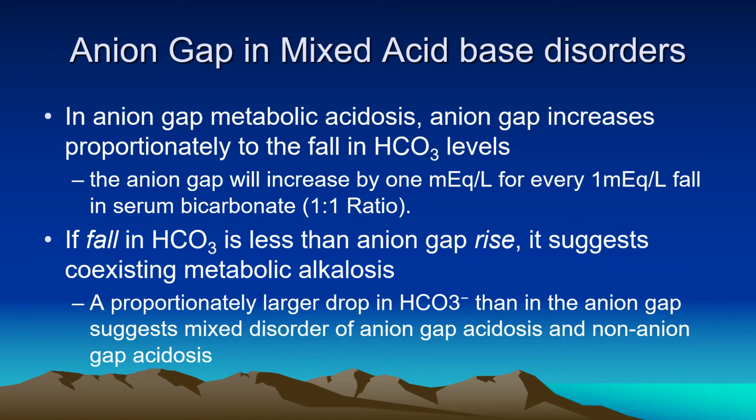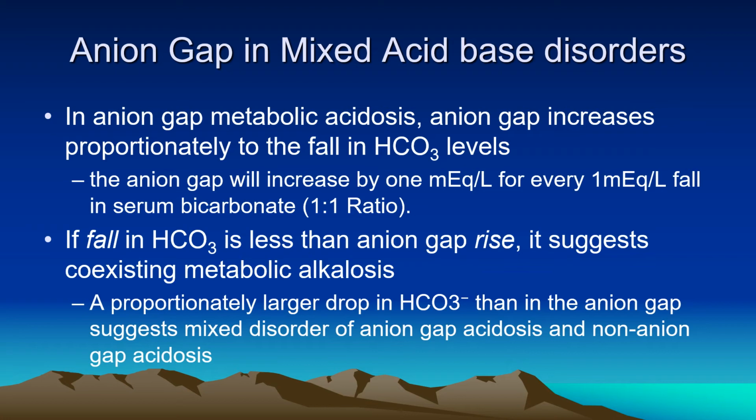Now, in the differentiation of mixed acid-base imbalances, anion gap metabolic acidosis shows that anion gap increases proportionately to the fall in bicarbonate level in a ratio of 1 to 1. That is, if there is 1 milliequivalent fall in bicarbonate, there will be 1 milliequivalent rise in anion gap.